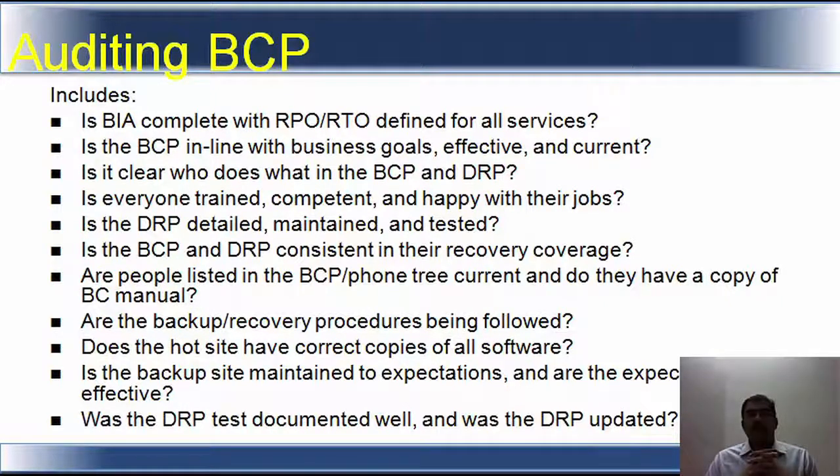Was the DRP test documented? Was the DRP test documented well, and was the DRP updated? Again, the DRP was made 2 years back. Since then, the organization has replaced their servers. They have replaced or upgraded their software. Whether that reflects in the updated DRP document.